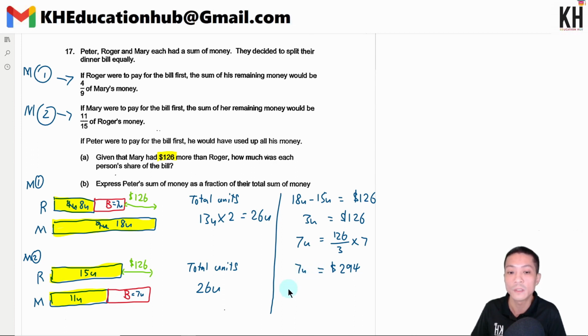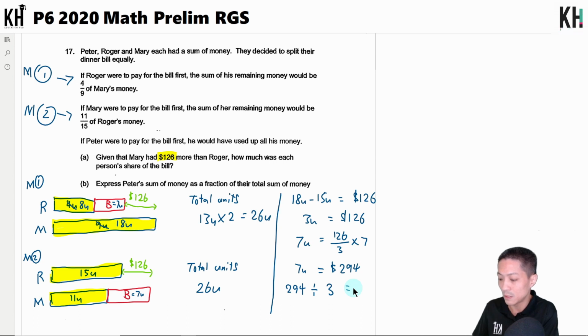And then after that, 294 divided by 3 is $98. So this is the answer for part A.